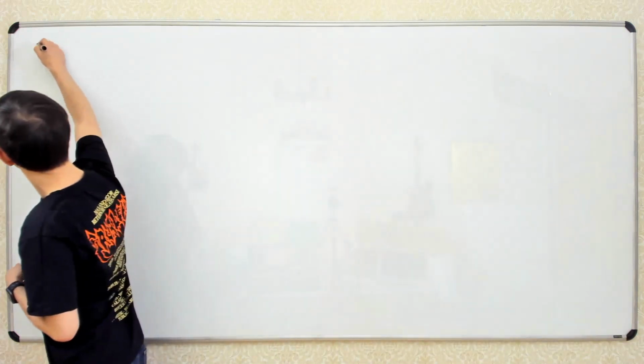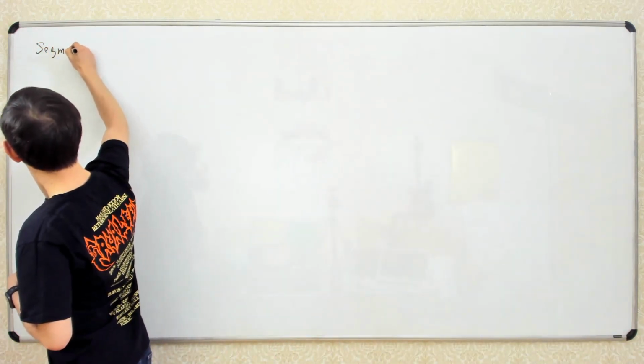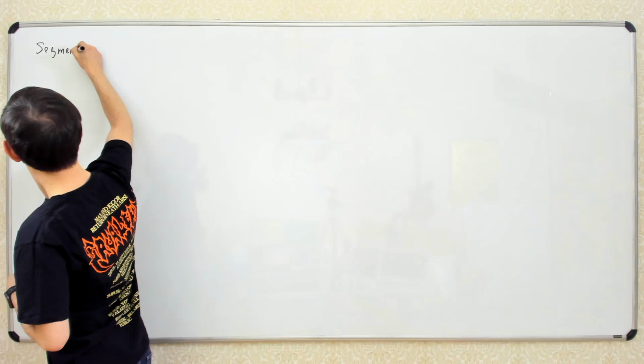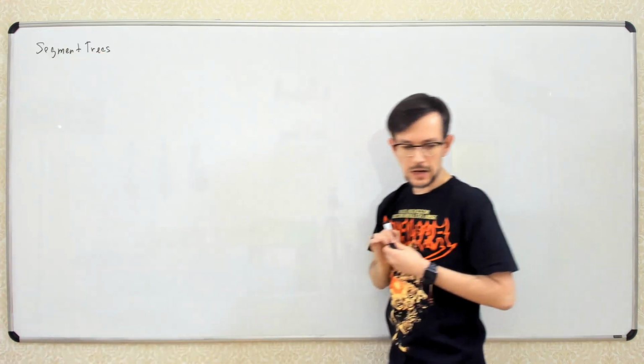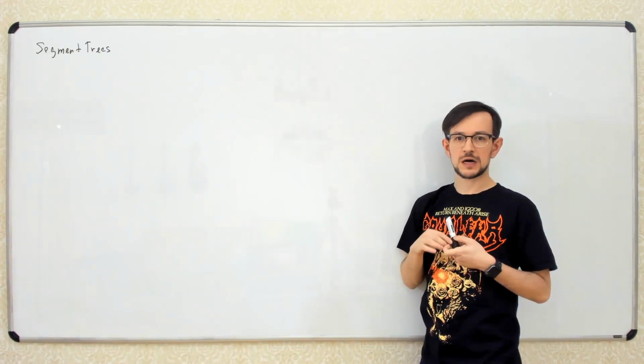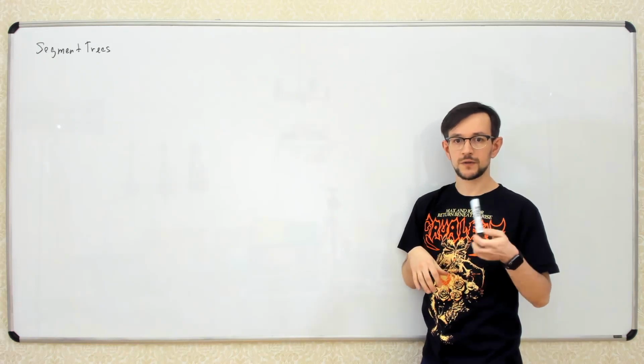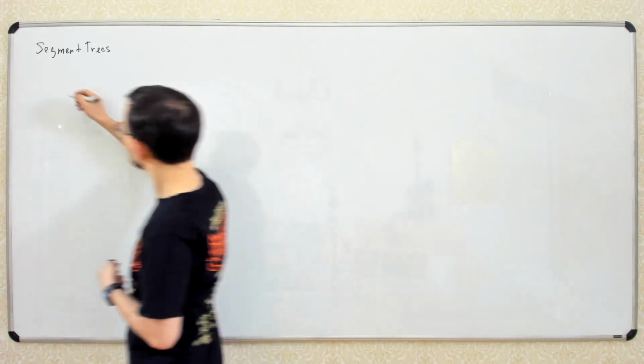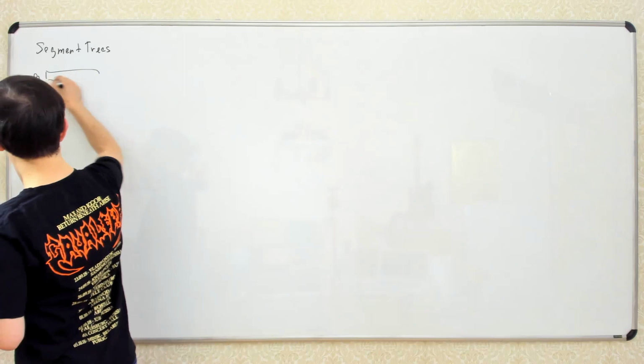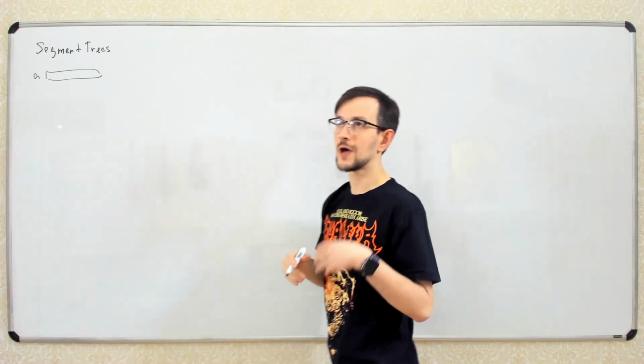So we have the segment trees. Last week we discussed the following data structure. We have the array, and we have two types of queries.